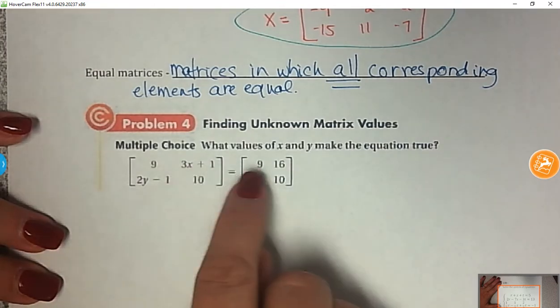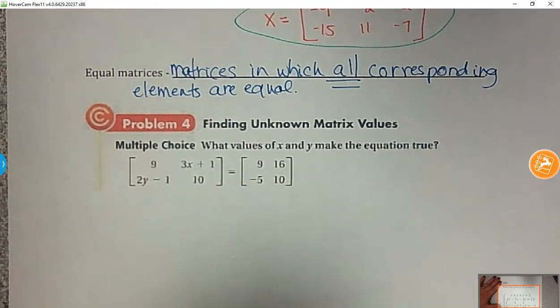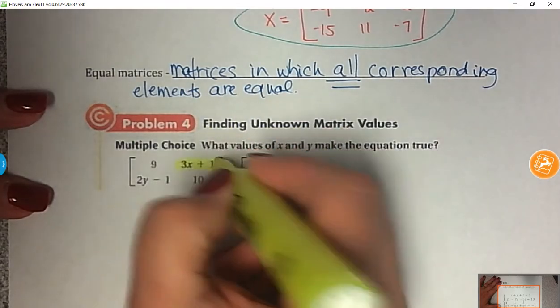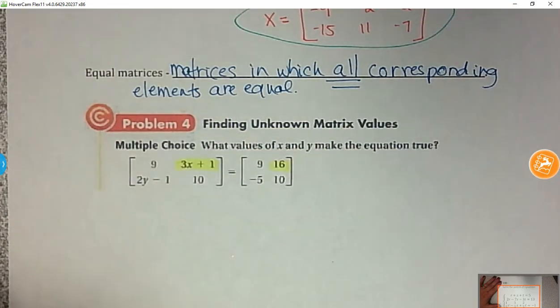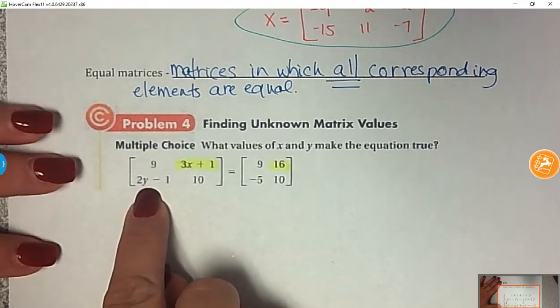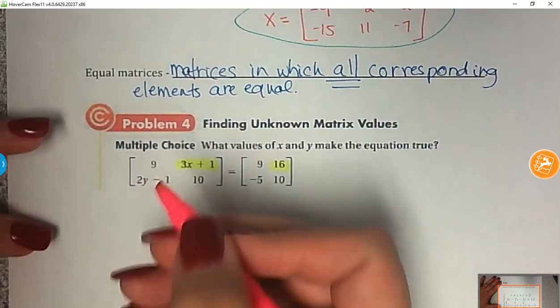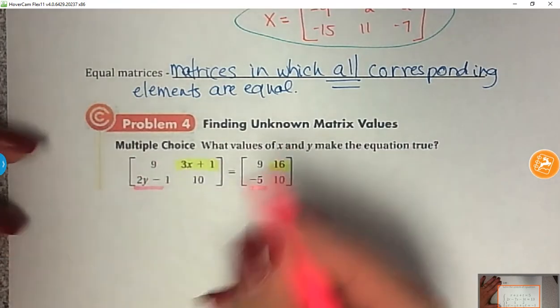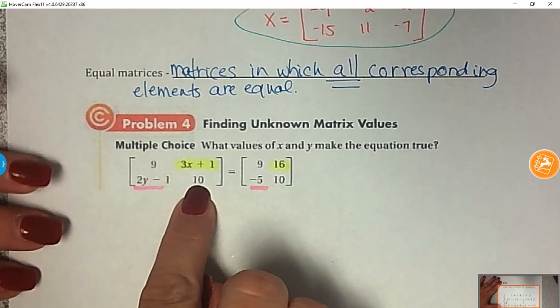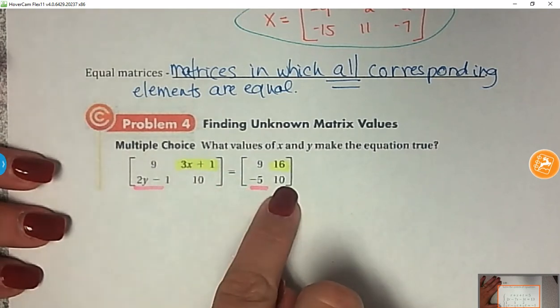3x plus 1 has to equal 16. Then I have 2y minus 1 has to equal negative 5. And then finally, 10 is equal to 10.